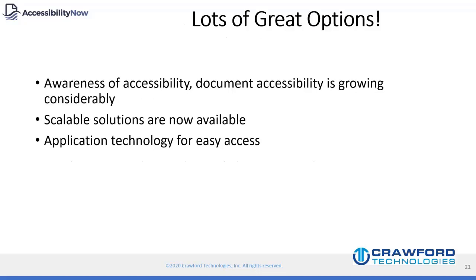And of course, it is necessary to know that there are tons of great options out there, lots of tools, lots of solutions that will make this capability possible for any organization, for any environment, for any individual. But it starts with being aware of accessibility, knowing what needs to be done, getting informed, getting educated on what makes an accessible document, how it is a valid accessible document.